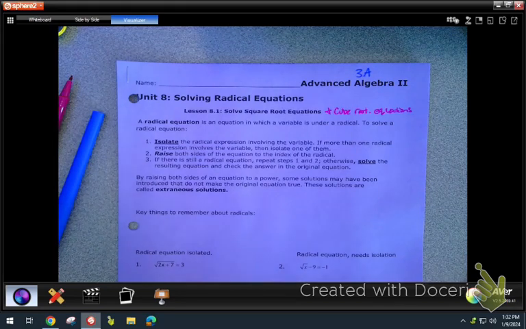But what you have to be careful about is that there are cases, specifically with these even roots, these square roots, because they have the restricted domain. When you do that undoing of the radical, the squaring of both sides, raising something to the 4th power, you run the risk of having extraneous solutions.